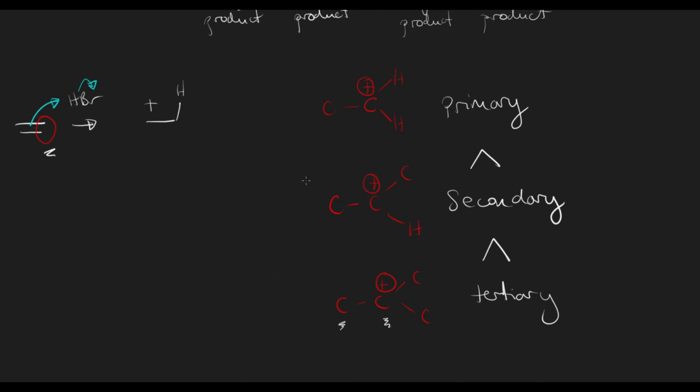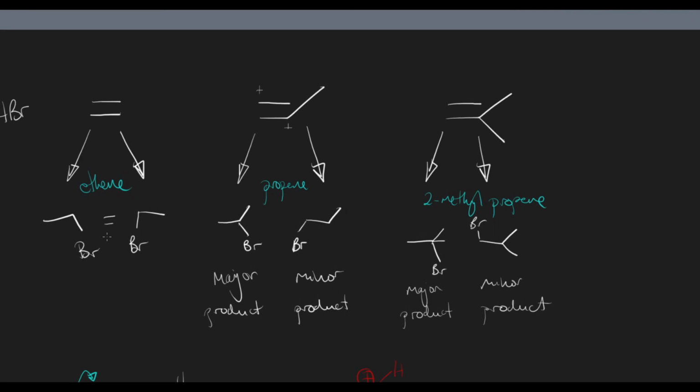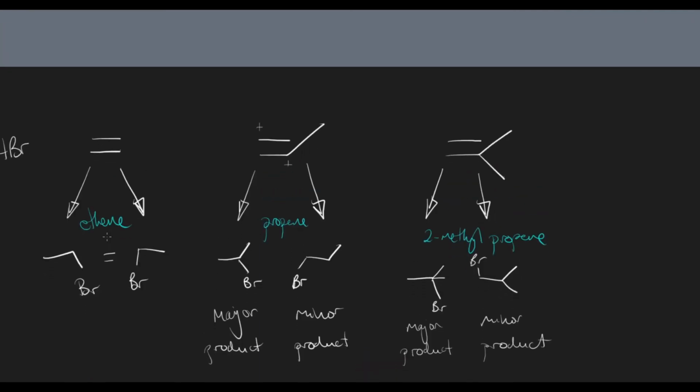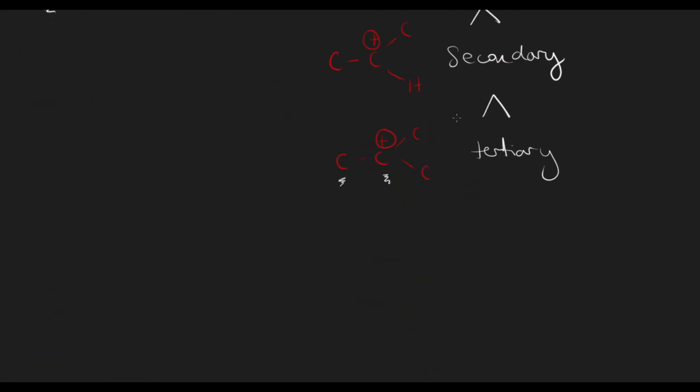So this means that in the examples we have above, which I go back to now, the example on the left forms a primary carbocation, the example in the middle can form a secondary carbocation, but the example on the right can form a tertiary carbocation. And that determines the major and the minor products.